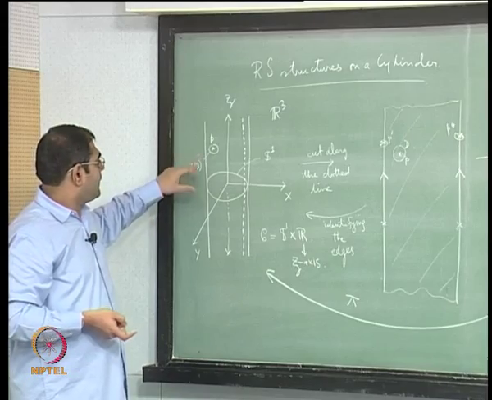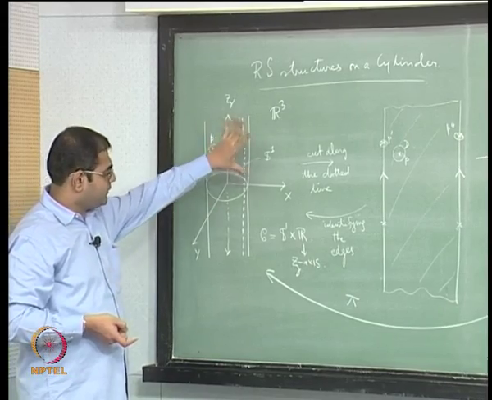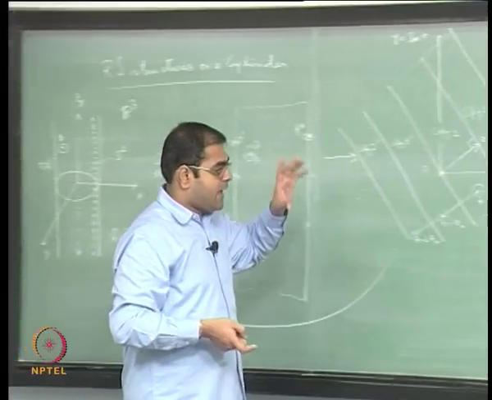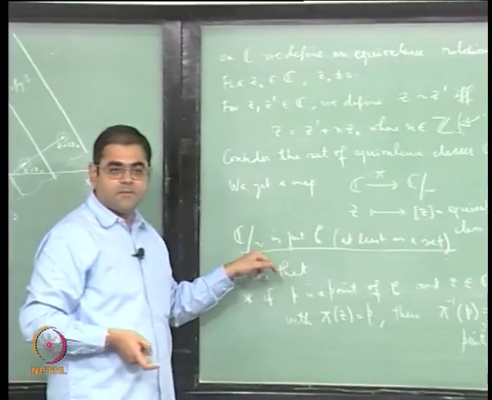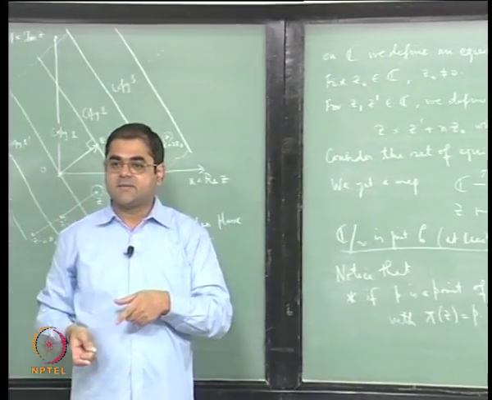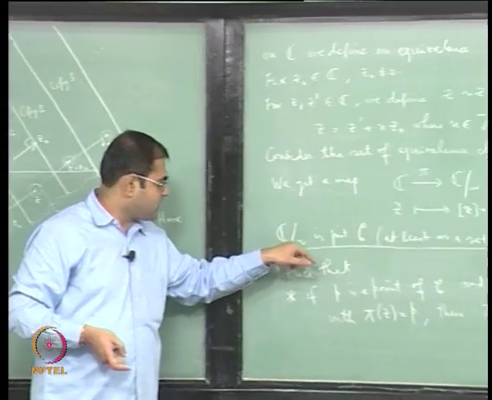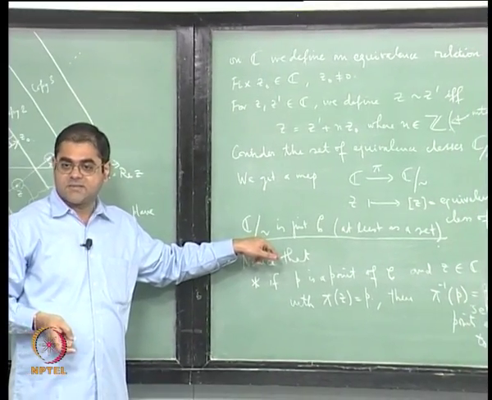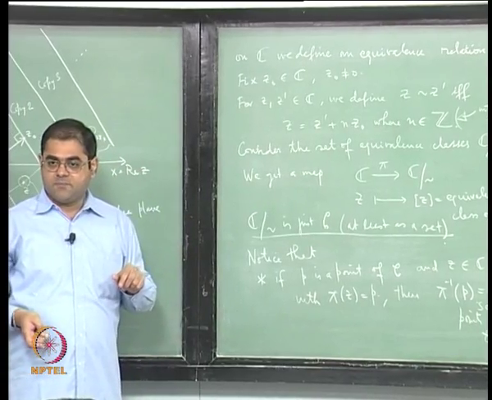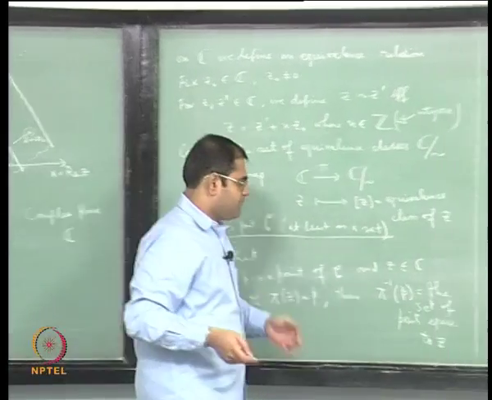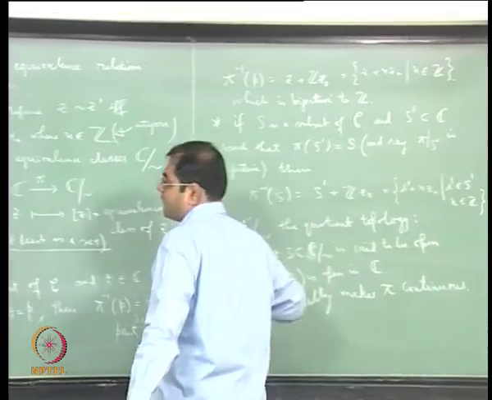So the moral of the story is that you not only recover the cylinder as the set of equivalence classes, you actually recover it as a topological space structure on the set of equivalence classes that makes pi a continuous map by the quotient topology, okay. So let me write the following down.